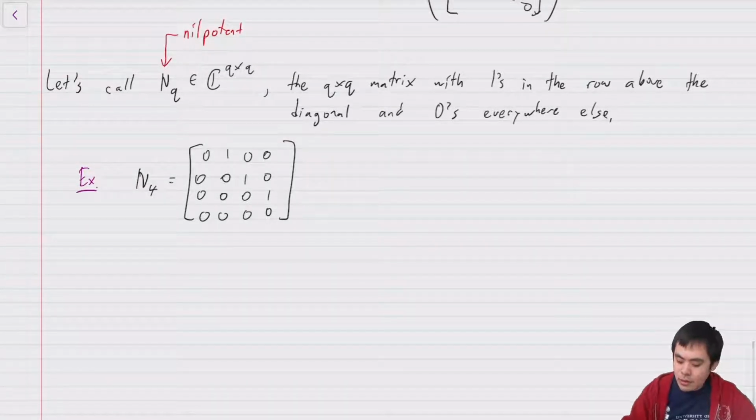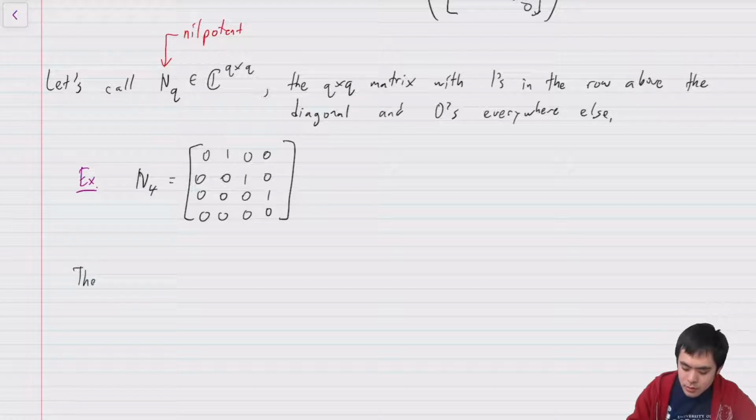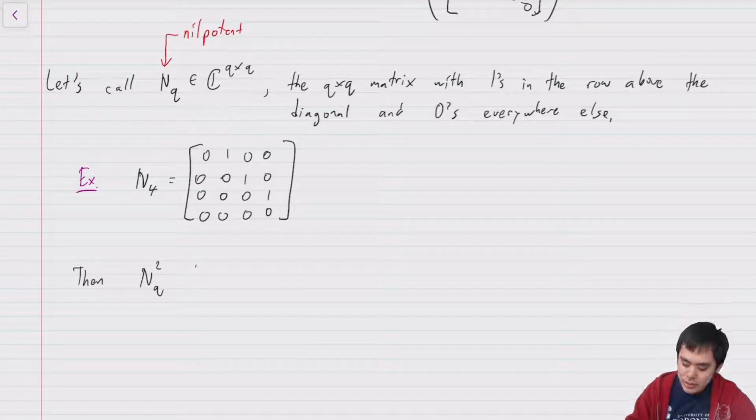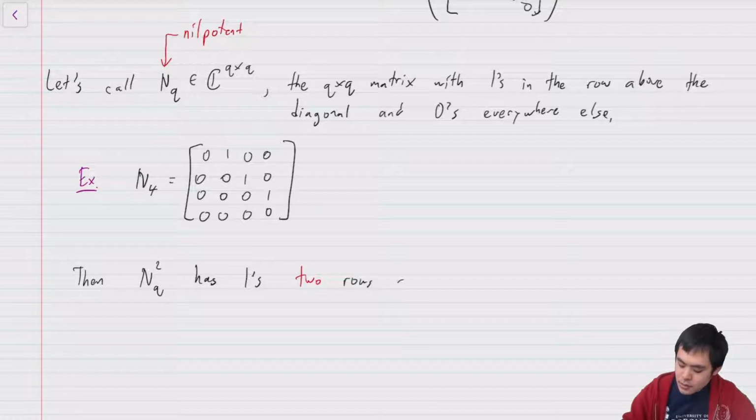Notice that when you multiply out N q squared, which is a fairly simple exercise in matrix multiplication, it has ones 2 rows above the diagonal and zeros everywhere else.